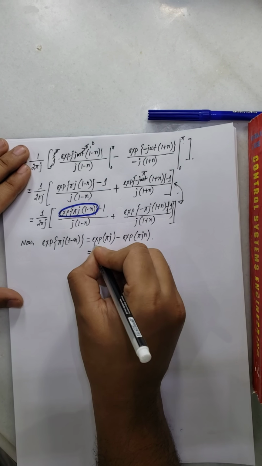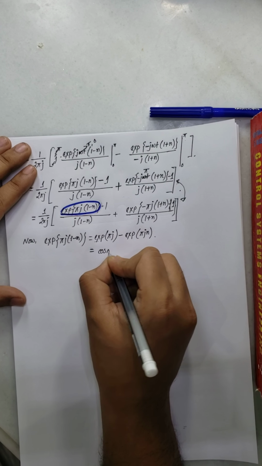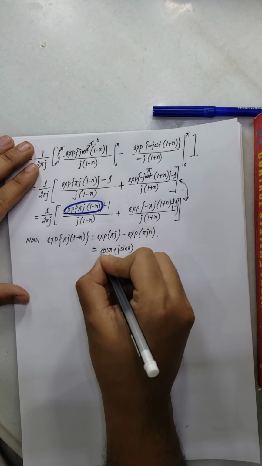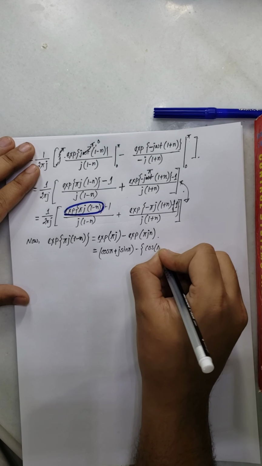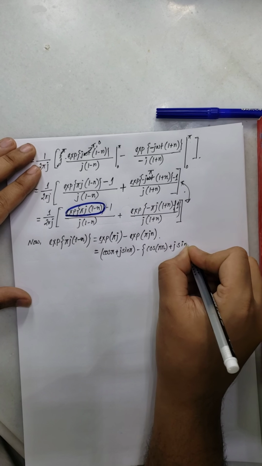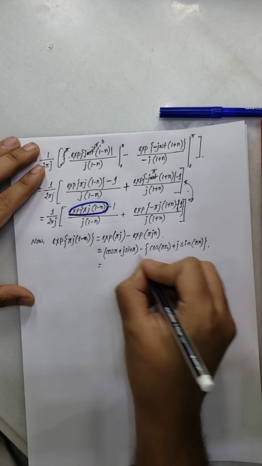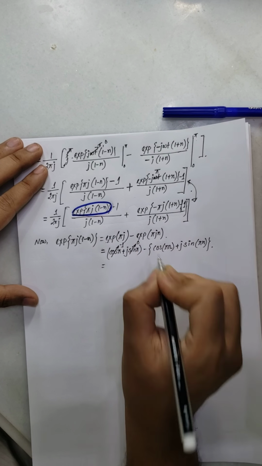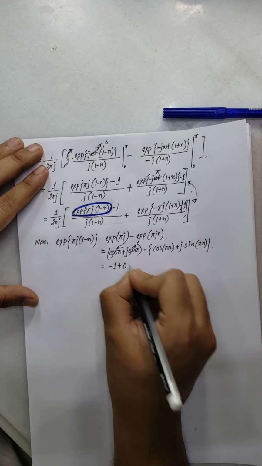Now, expanding both terms with the Euler relation, we get cosine of pi plus j sine of pi, minus cosine of pi n plus j sine pi n. Now cosine of pi is negative 1 and sine of pi is 0. So this expression becomes minus 1 plus 0.